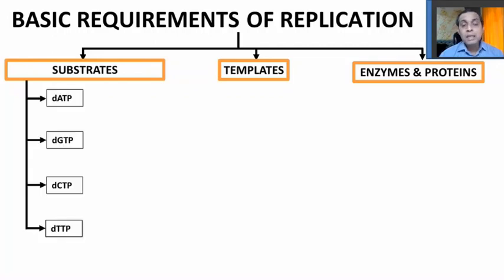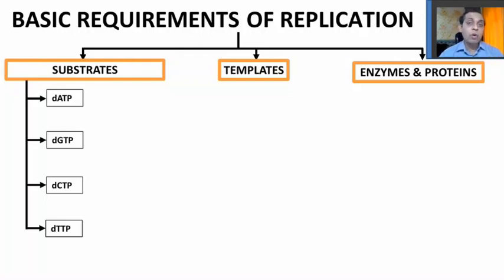Now, first are the substrates. Our substrates should be nucleotides. But during replication, the nucleotides are supposed to be activated ones, because when they become part of the new DNA strand, that synthesis is going to consume some energy, so these nucleotides are already activated.